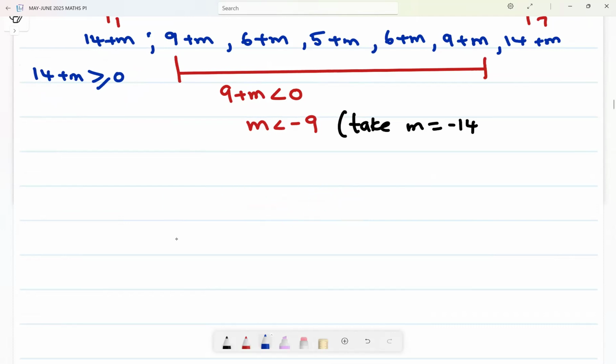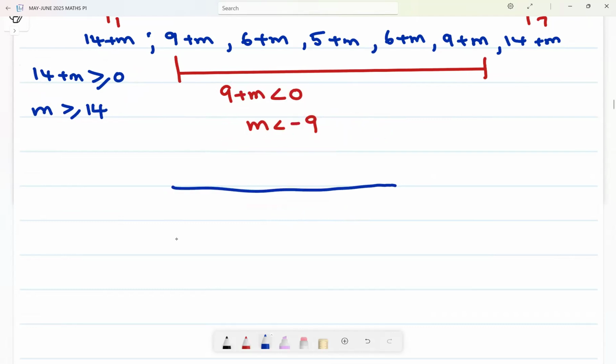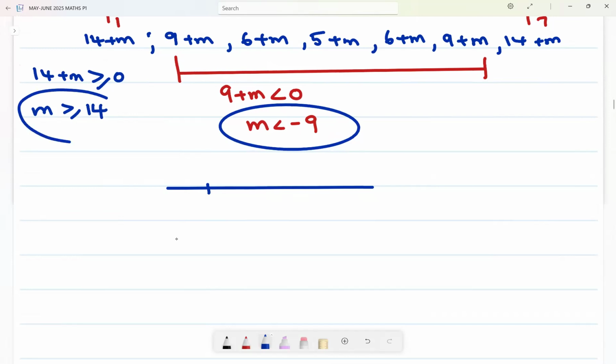So this will result to m being what? Greater or equal to what? To negative 14. But I need to put that on a number line. Okay, it means my values should lie between these. It means now on my number line, m should be less than negative 9, but m should be greater than or equal to negative 14.